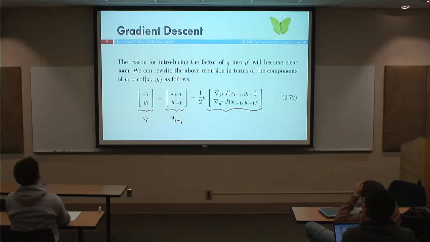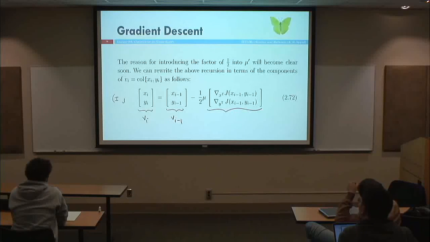Now, let's multiply from the left by I, Ji. So you see, when I multiply VI by I, Ji, what do you get? Isn't W equals X plus JY?